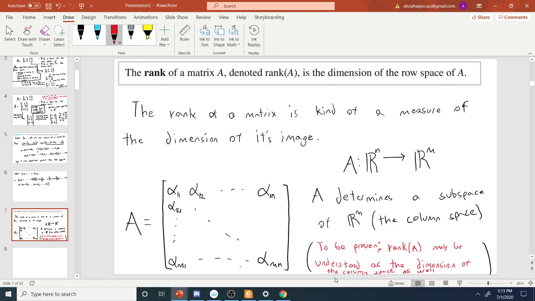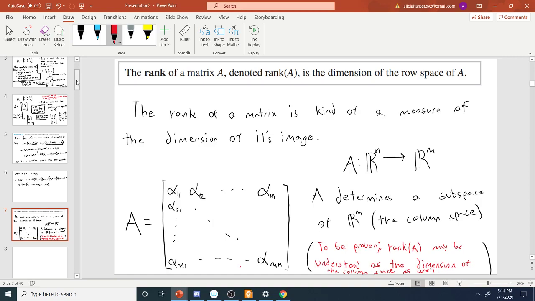So this is really the big result of this chapter. Not only does the rank tell us something about the dimension of the row space, it also tells us something about the dimension of the column space.